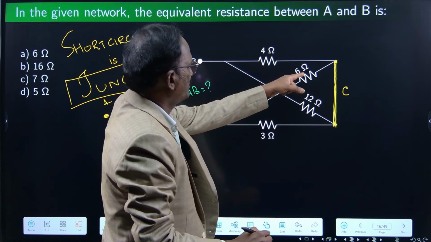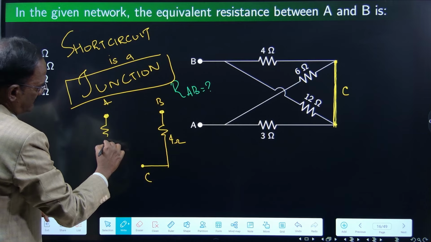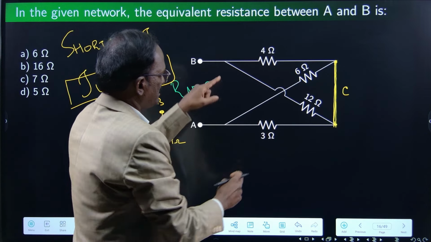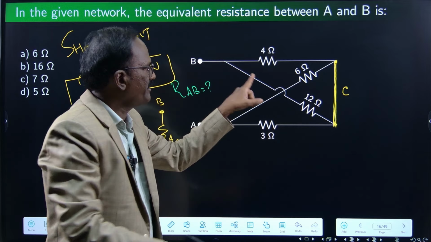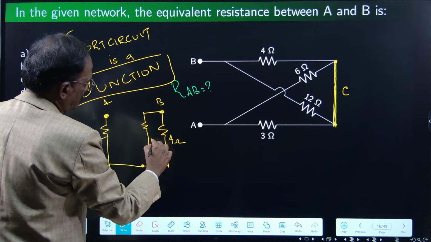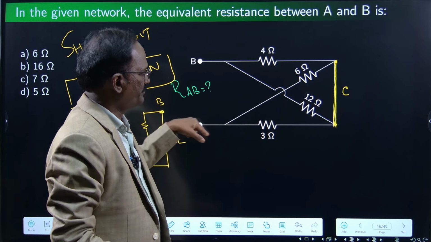Then the 6 ohms, A and C. Then this 12 ohms is connected between B and C. A and C, 3 ohms is connected.